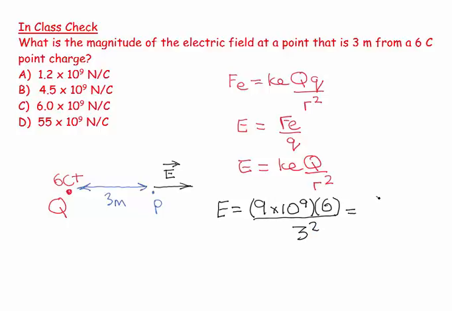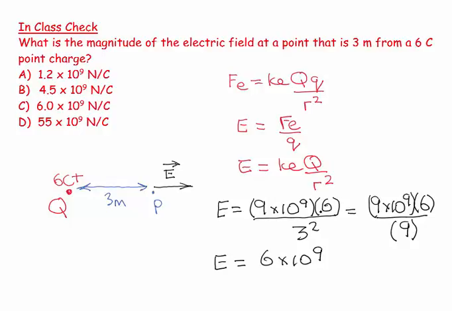So that would be 9 times 10 to the 9 times 6 over 9. So mathematically it's very easy. So E is equal to 6 times 10 to the 9. And then we have our units, and the units are going to be newtons per coulomb. If you think about it, the force per charge is going to be newtons per coulomb, is our answer.